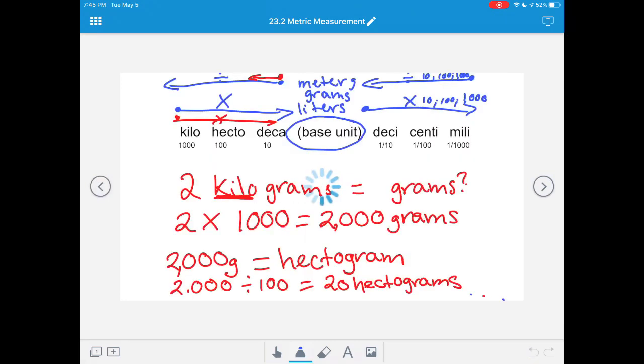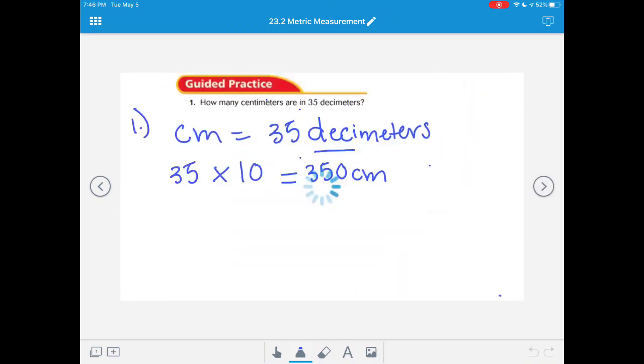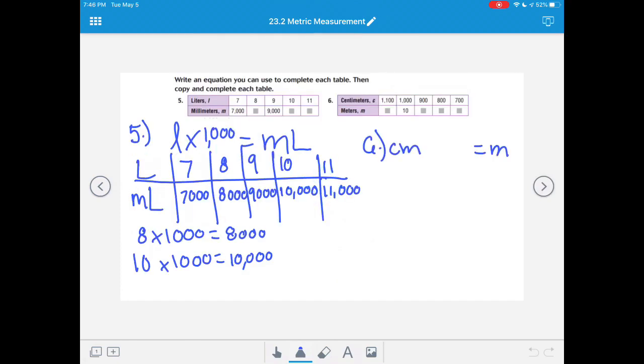If we look back at that first chart that I had you guys make, we can see that as well, moving from centimeters to the base unit meters, we're going to use division. Do you see that arrow direction is going in that same way? And centi is 100. So we're going to divide by 100 to get our answer of meters.